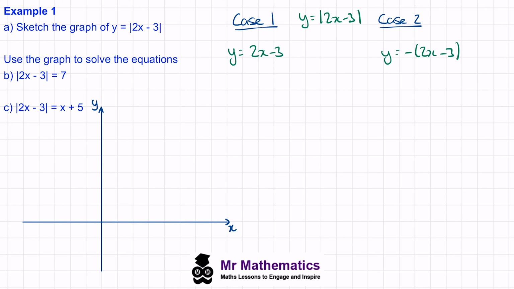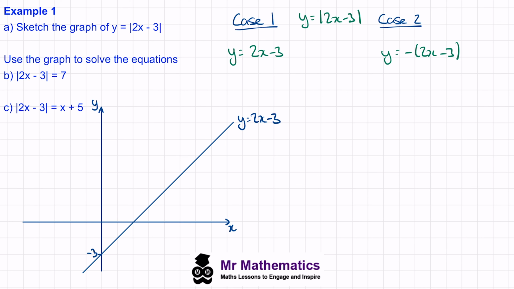Okay? So if we look at case 1, we have 2x minus 3. Well, we know that this will have a positive gradient of 2 and an intercept of negative 3. So we can show this on the axis. If we're saying that this is negative 3, and we give it a positive gradient, so something like this. So y is equal to 2x minus 3.